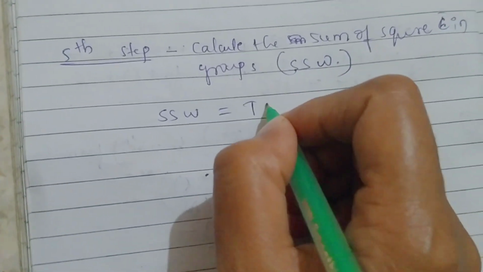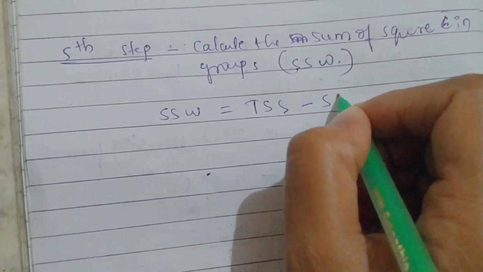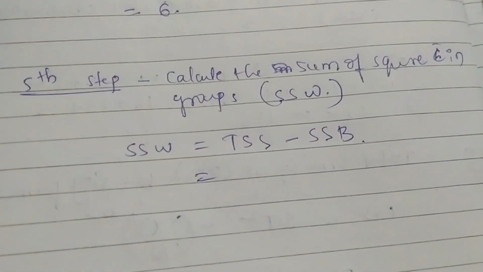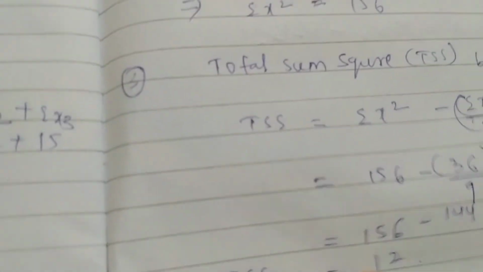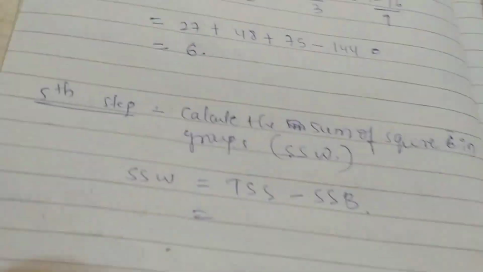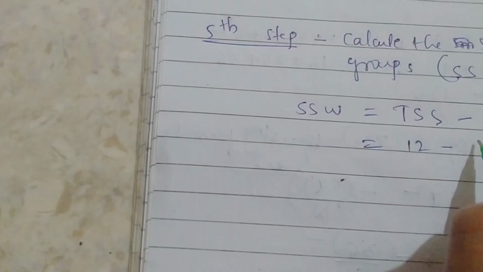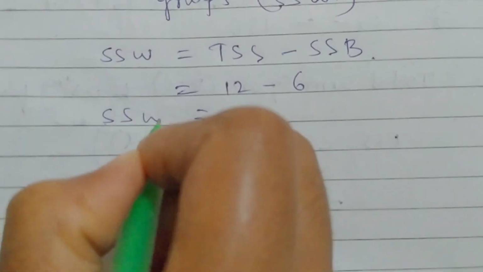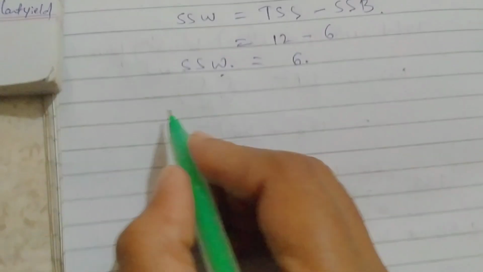Sum square within the group is equal to total sum square minus sum square between the groups. So already we have total sum square as 12 and sum square between the groups as 6. 12 minus 6 is equal to 6. So sum square within the group is 6.